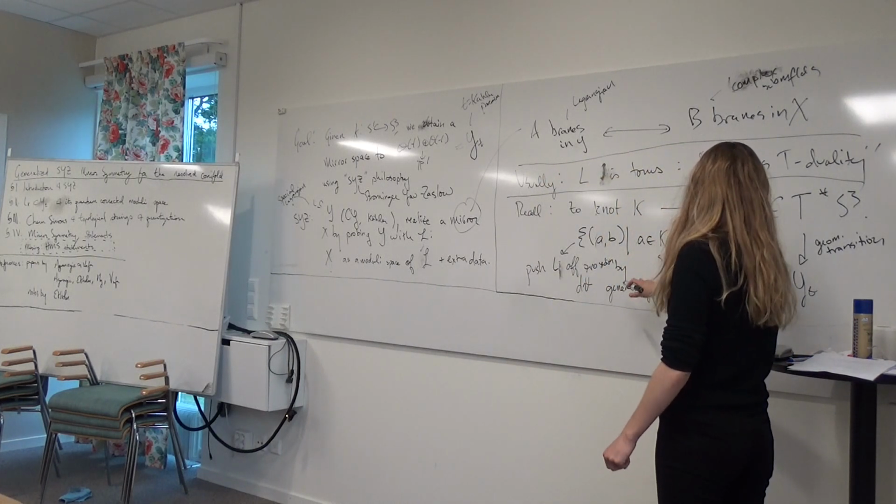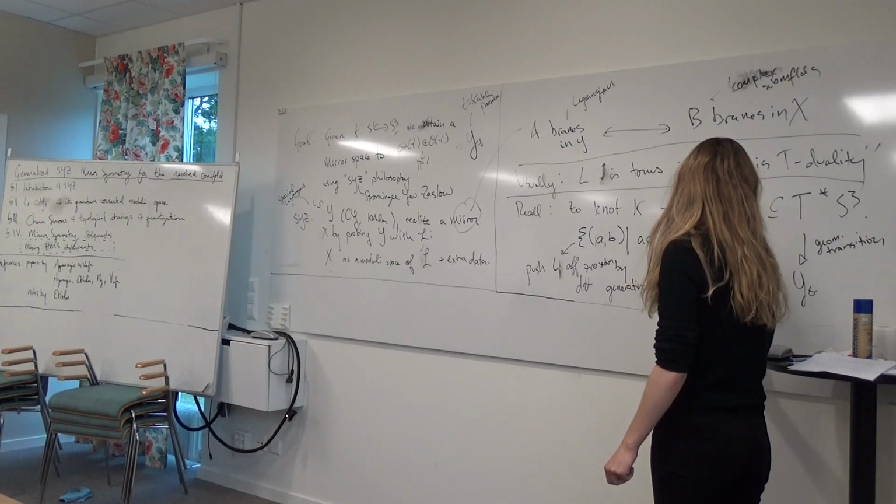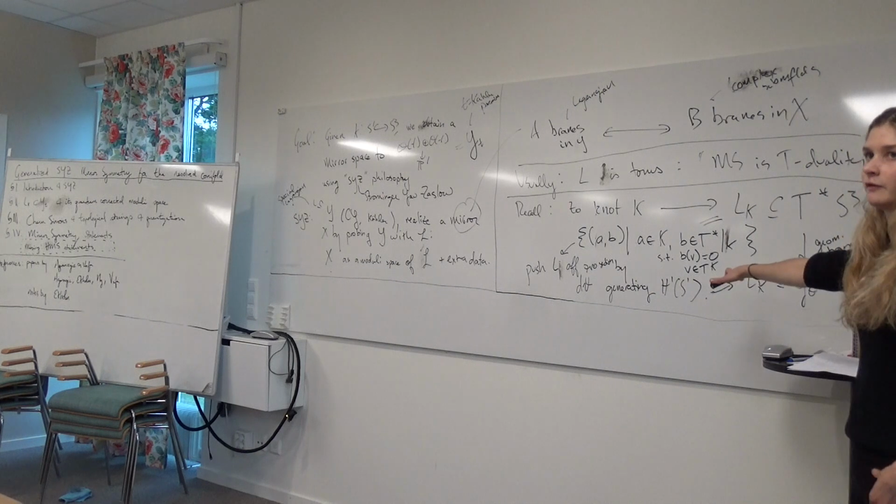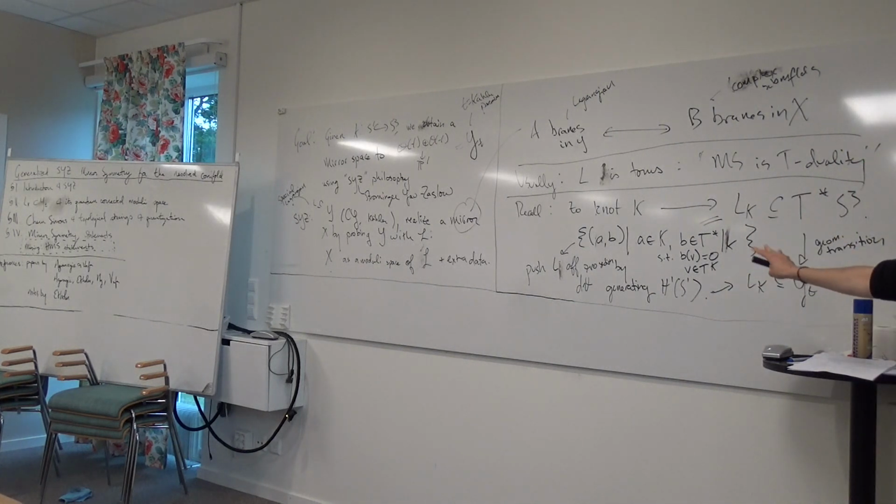And then from there we can get this L sitting inside the resolved conifold that we want. Sorry, I know that was pretty sketchy, but it's really a simple thing.